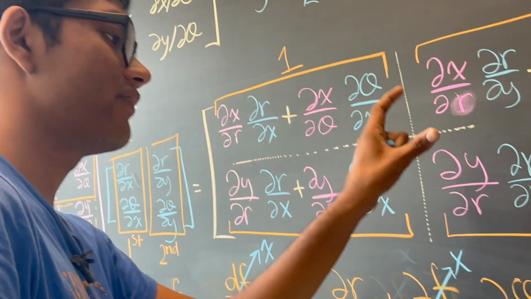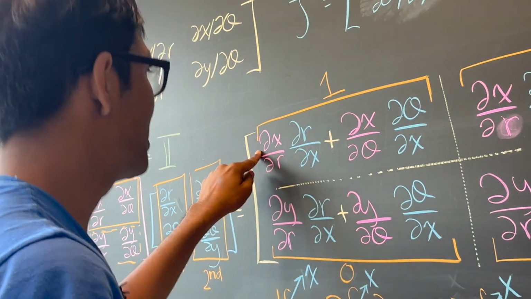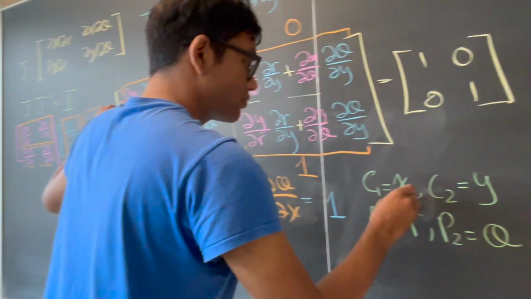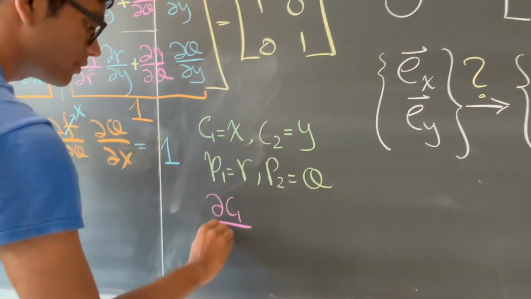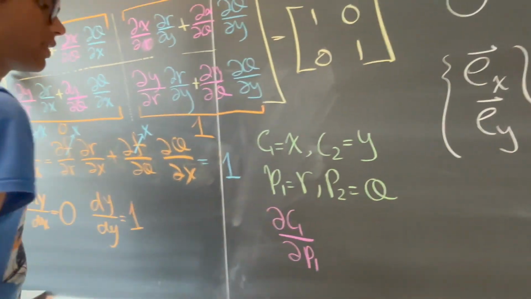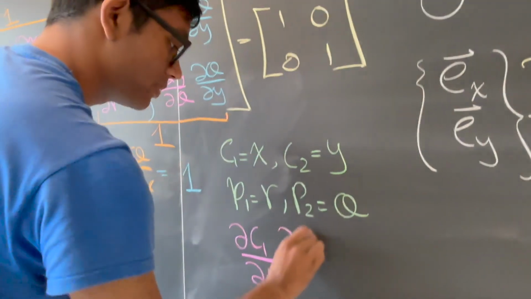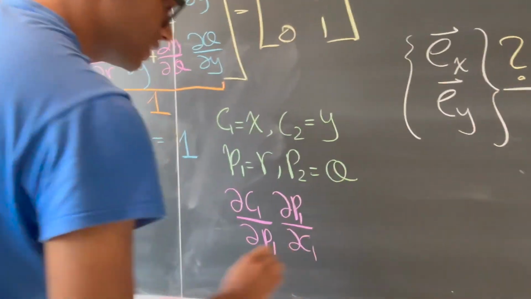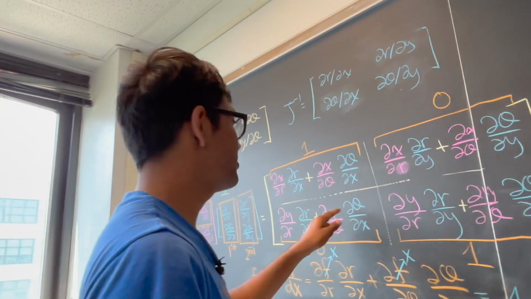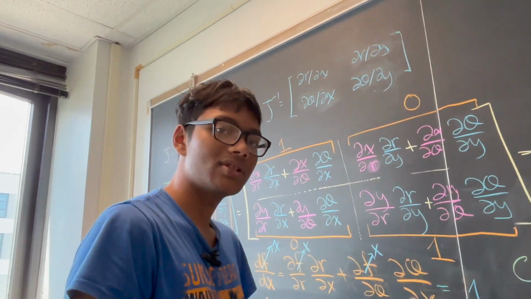Instead of writing all of this mess, instead of partial x partial r, I can write partial c1 partial p1. And instead of partial r partial x, I can write partial p1 partial c1. And similarly, I can do that for all the entries of our matrix.